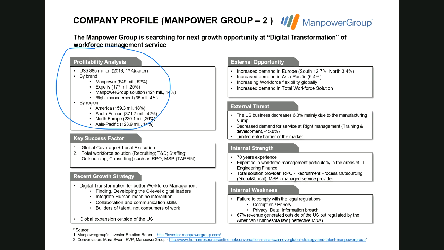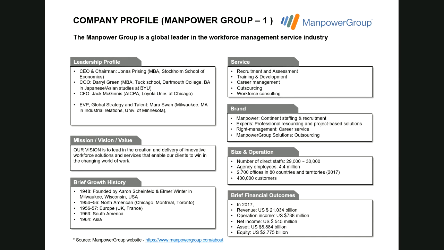Then you can develop the business sense in order to do this kind of internal analysis. Leadership profile, the mission, vision, values, history, what makes them very strong, and then service, brand, size, operation, and a brief financial outcome are the explicit analysis.